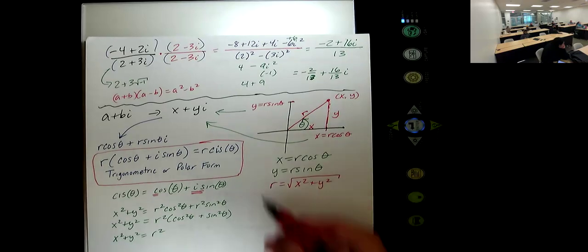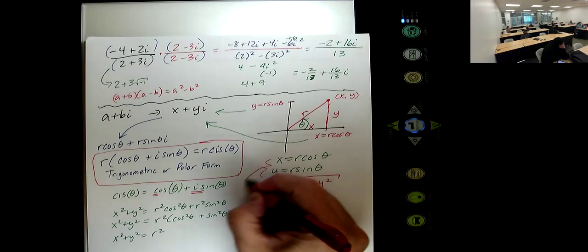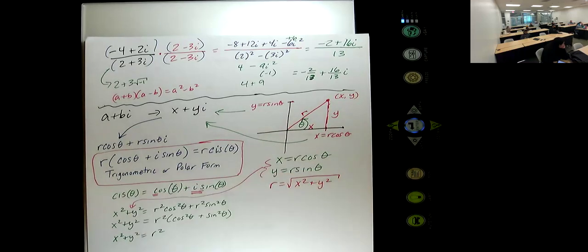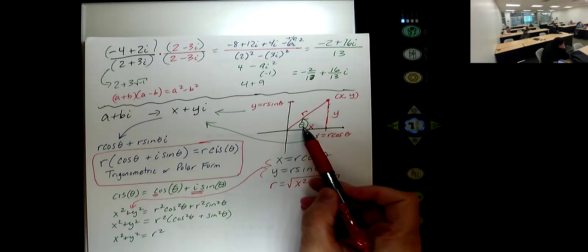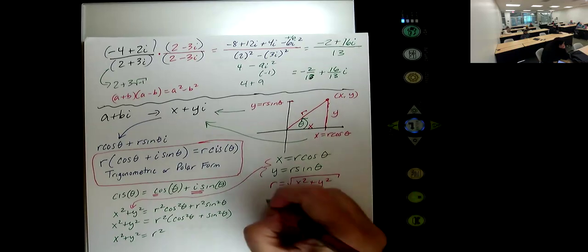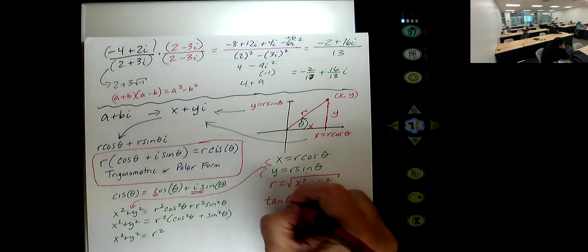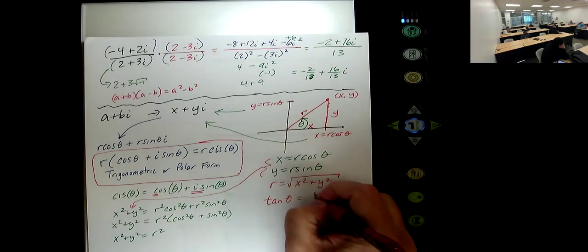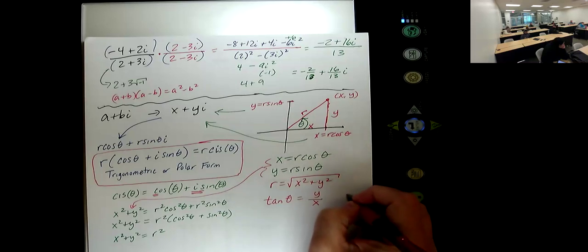So to get that, I basically took these and plugged them in here. And the other thing we have, if we wanted the angle theta in terms of x and y, the function that works well with that is tangent theta. Tangent theta equals y over x, as long as x does not equal 0.